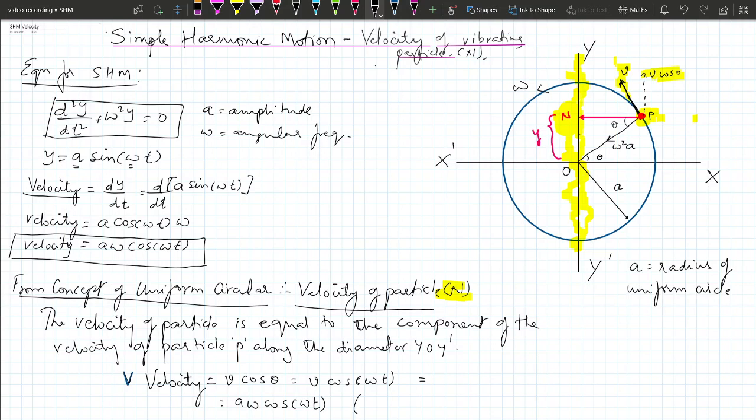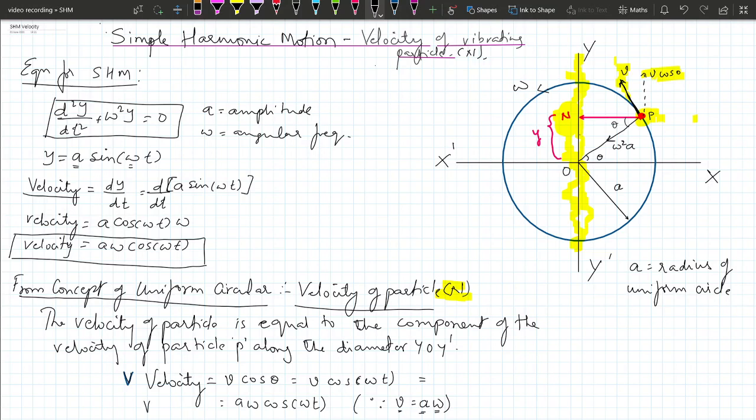Now this is because we know that the velocity can be given in terms of radius and the angular velocity: v equals a omega. Linear velocity is equal to the radius into the angular velocity.